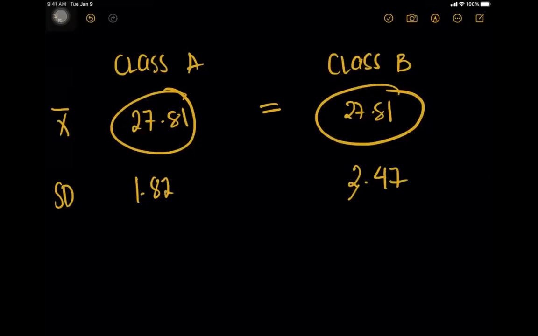Why? Because as we've said, the lower the SD, the more homogeneous or the more unvarying the scores are as compared to a high SD.